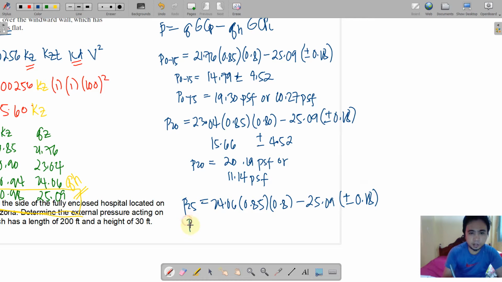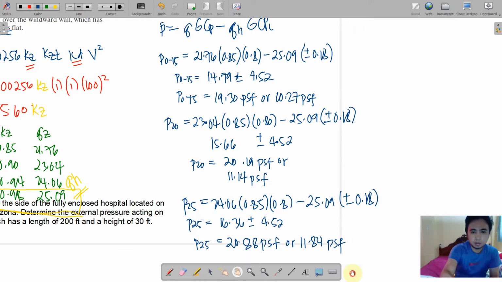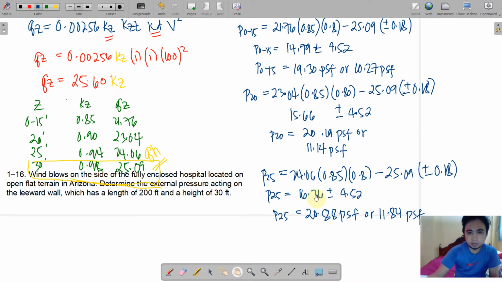So therefore, P at 25 height is equivalent to, so we have 16.36 plus or minus 4.52. We have 25 pressure is equal to 20.88 PSF or 11.84 PSF. Okay, so that is up to 30.